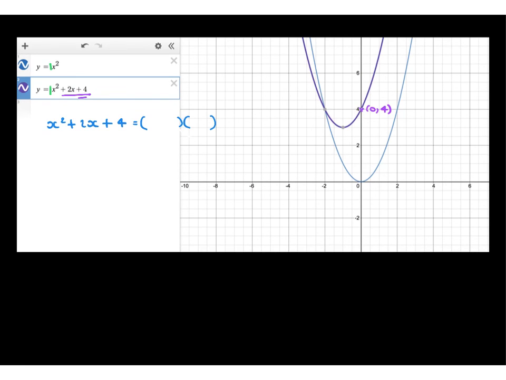Not all quadratics can actually be factorised, and not all quadratic equations have answers. In particular, if we try to solve this quadratic equation, it doesn't actually have any answers. There are no values of x that you can input into this to get a value of 0, and that's why this graph doesn't cross the x-axis.